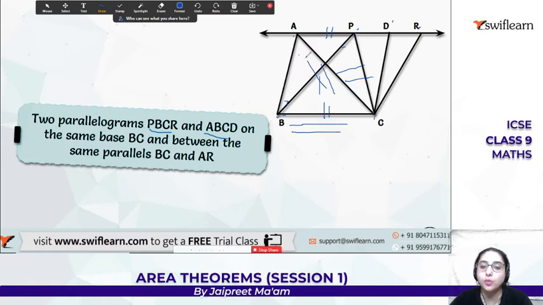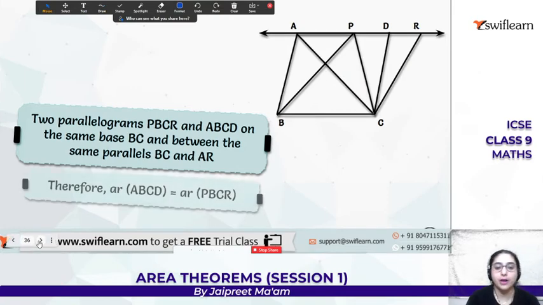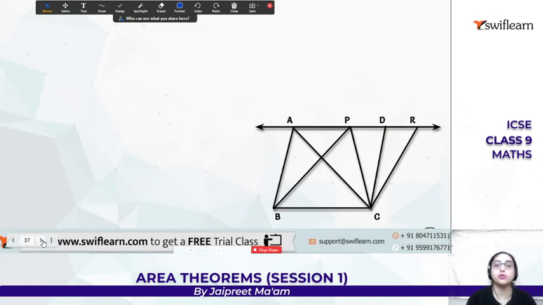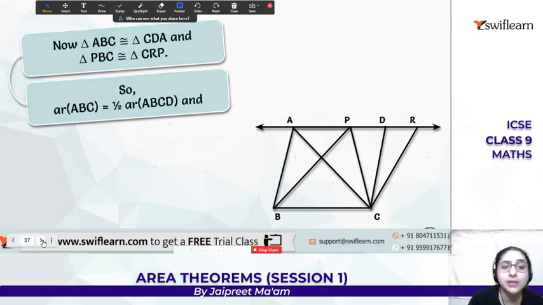Therefore their areas will be the same, because we have already proved the theorem that parallelograms drawn on the same base have equal areas. So we are using theorem first: the areas of two parallelograms on the same base will be equal.